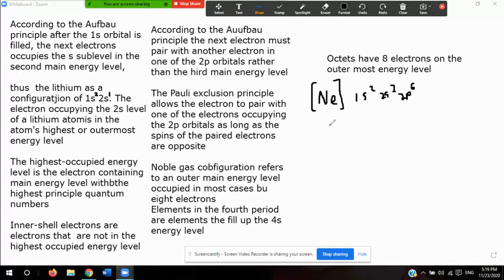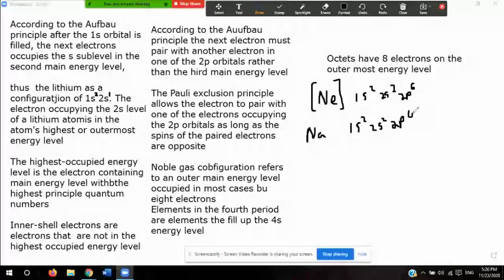So sodium has 11 electrons, okay? Now, if we were going to do the electron configuration for sodium, we would say 1s2, 2s2, 2p6, and that would be 10 electrons.